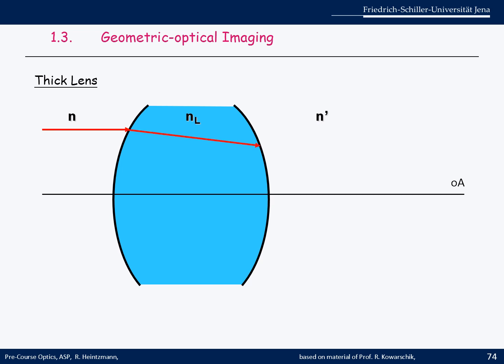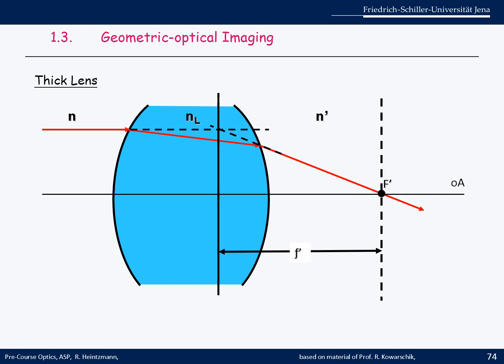And then if we have a parallel ray that focuses to a point here, we can also define another principal plane at which this bending seems to be happening, and we get the back-sided focal distance here, and this is the second principal plane at which parallel rays seem to be bent.